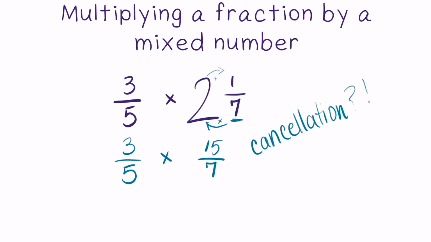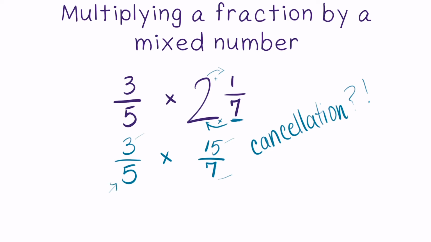Cancellation simply means looking across the fractions, meaning the numerator of one fraction with the denominator of the other fraction, and looking to see if there's a group of numbers that share a common factor. And in this case, there is an opportunity for cancellation.